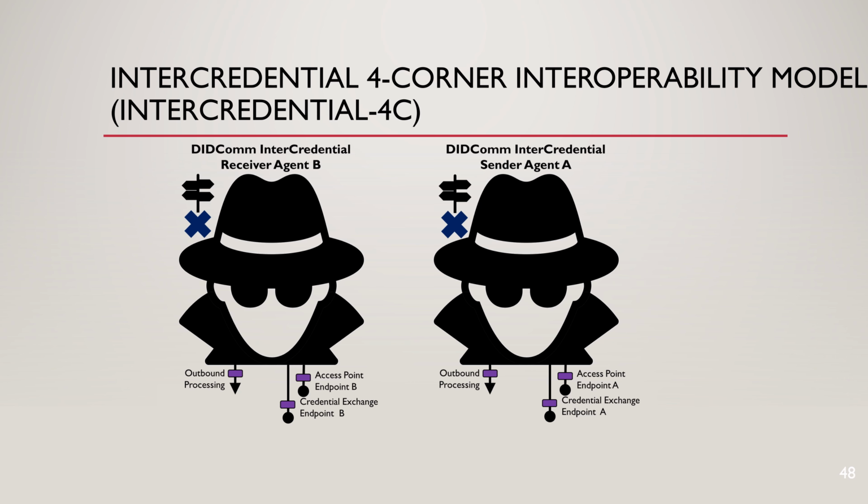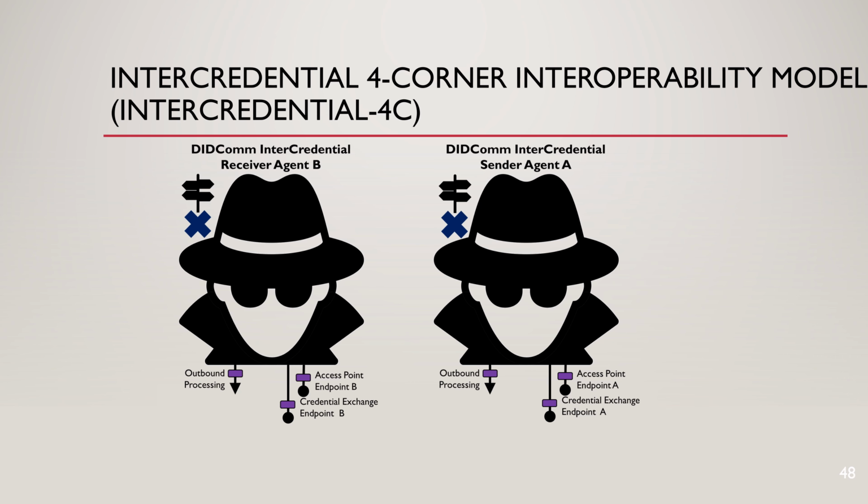And so that leaves us with the four-corner InterCredential interoperability model under the guise of the DIDCOMM agent logical composition model. We end up with two agents, conceptually architected and designed the same. They have two endpoints, an access endpoint and a credential exchange endpoint.